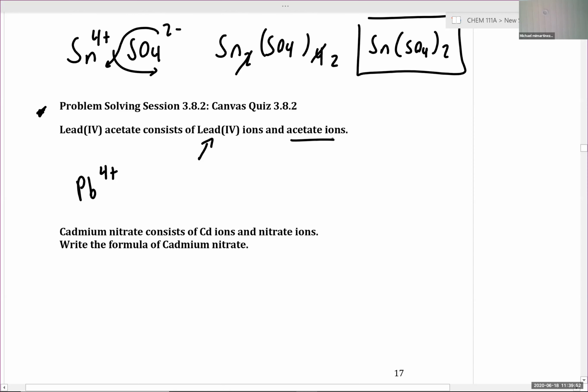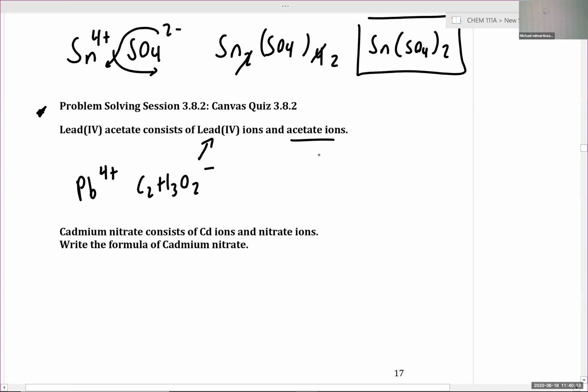Acetate, would someone like to provide the formula for acetate? C2H3O2, sure. And what is the charge? -1.